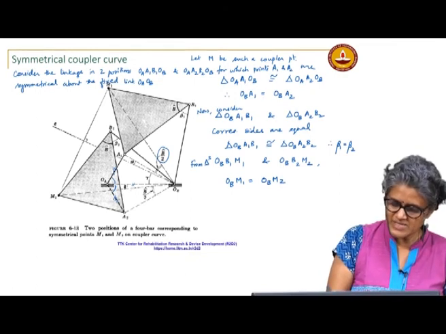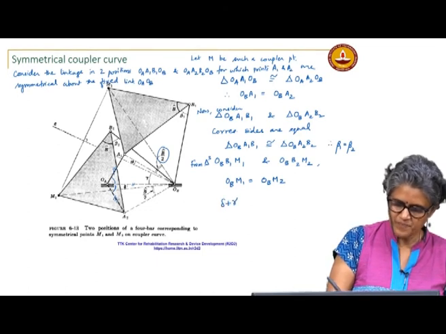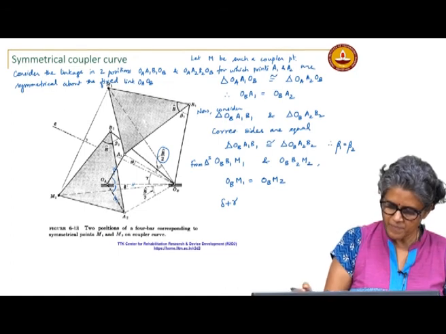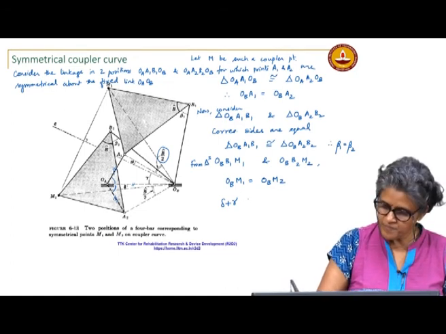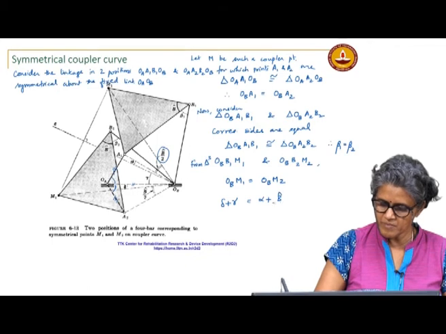So I have this angle delta plus gamma, this is delta, this is gamma, equal to alpha plus B cap by 2.